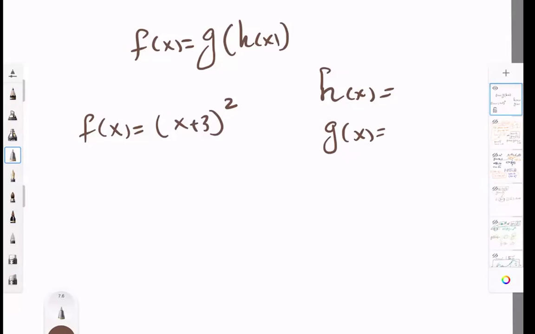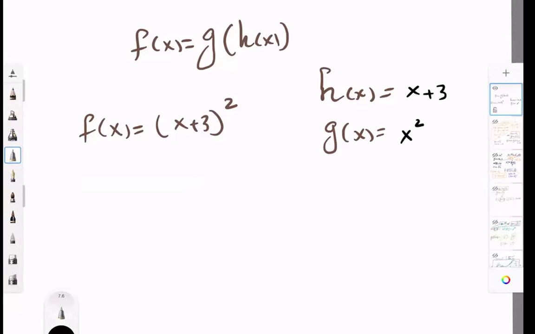Andrea, any idea? H of x could be x plus 3, and then g of x could be x squared. Beautiful. I'm glad I asked you. Very good. So h of x, as she said, can be x plus 3, and g of x can be x squared.